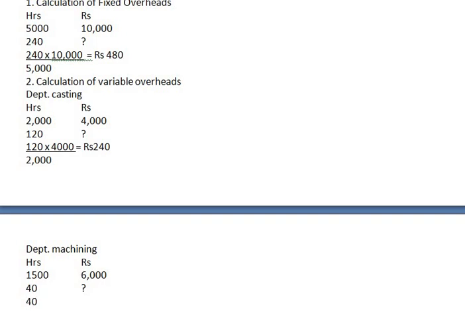Again 40 into 6000 divided by 1500, which is equal to rupees 160.